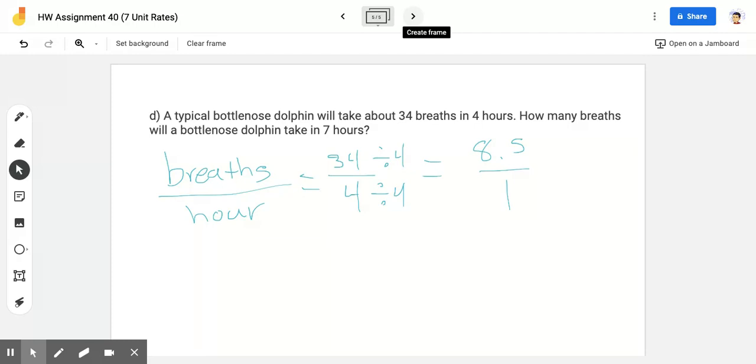So let's see how many breaths are they taking in 7 hours. For me to figure this out, I'm going to take that 8.5 and multiply it by 7, which is equal to 59.5.